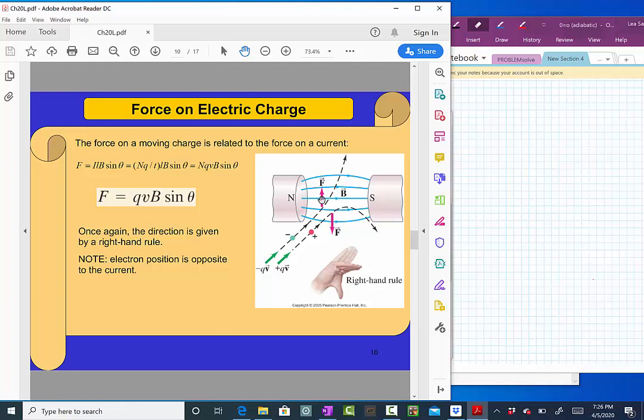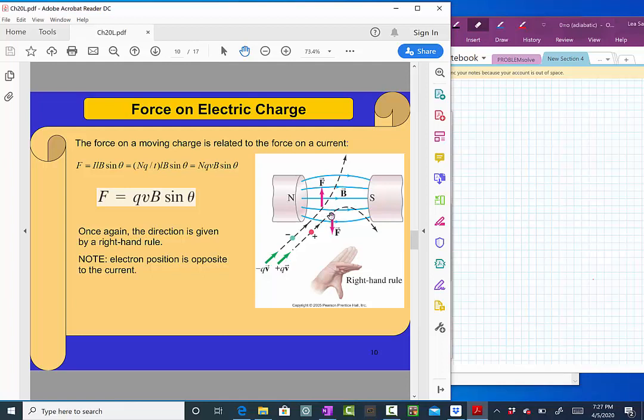What determines the direction of this positive charge? The velocity. So I have the velocity V of this positive charge going towards the page.